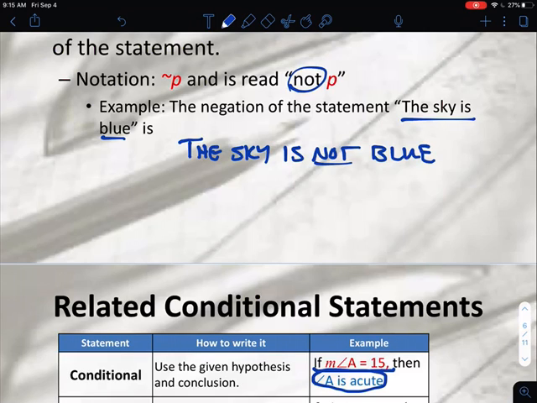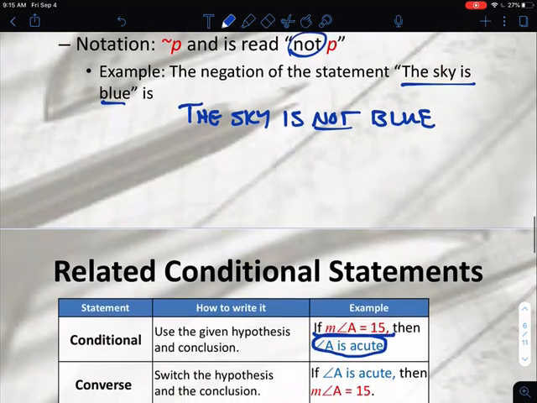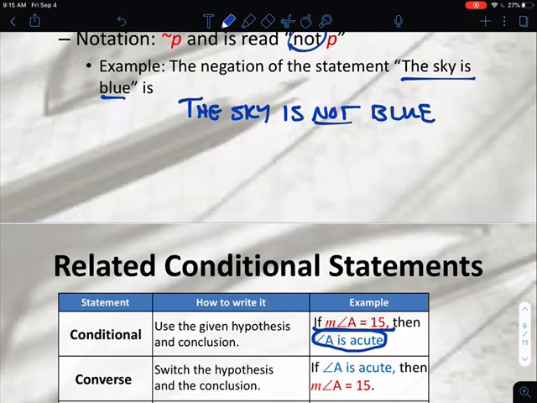Now there are three related statements to this conditional that we can be using at any given time. The first of which is called the converse. The converse is when we take the conditional and we switch the hypothesis and conclusion. So we take what was the if and we make it the then. We take what was the then and make it the if.